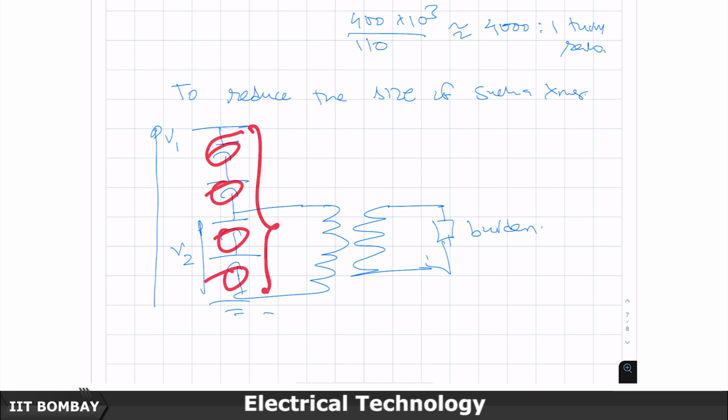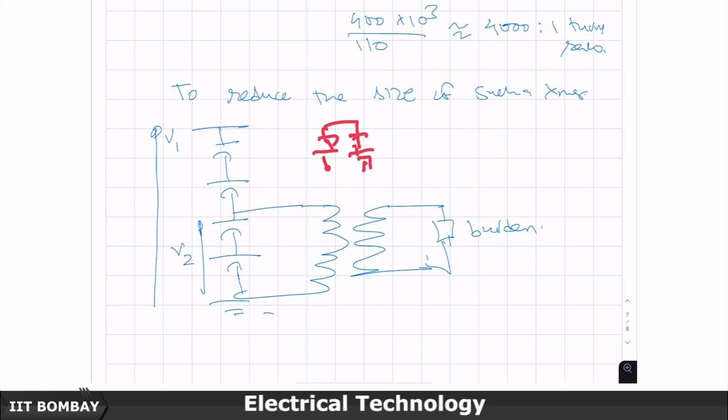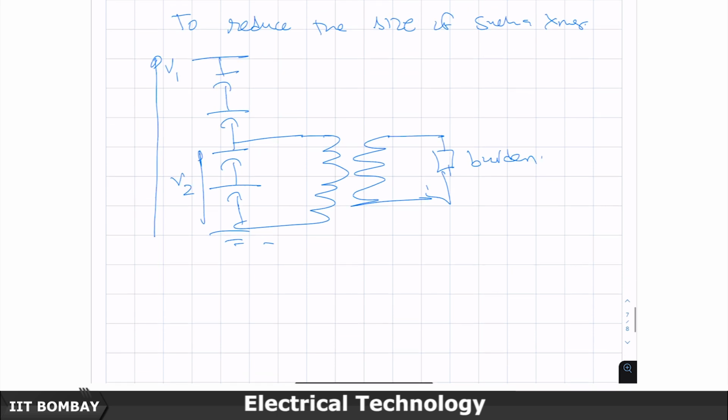So, a potential divider using a capacitor series stack is created, and this itself could again be a series parallel combination. It is not necessary that it should be only one, but for the sake of our description I have shown it like this.